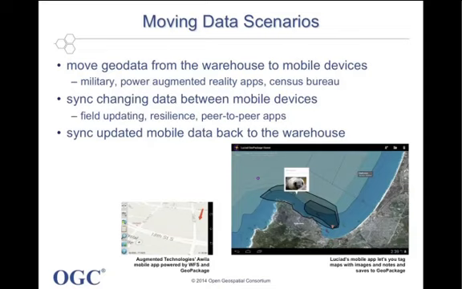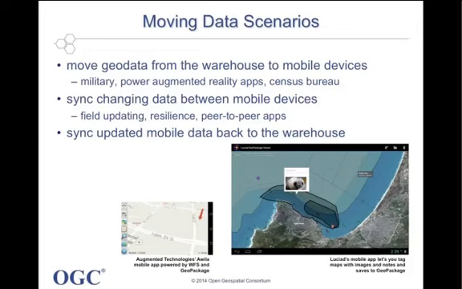The second scenario is synchronizing the changing data between mobile devices. You're out in the field, and the Census Bureau example applies here. You're creating updates, getting new information, improving what you came out there with.